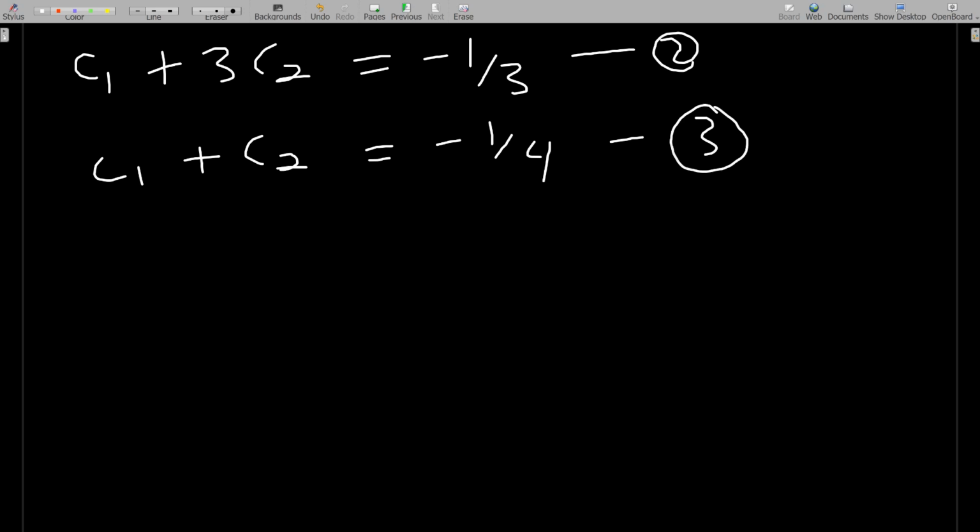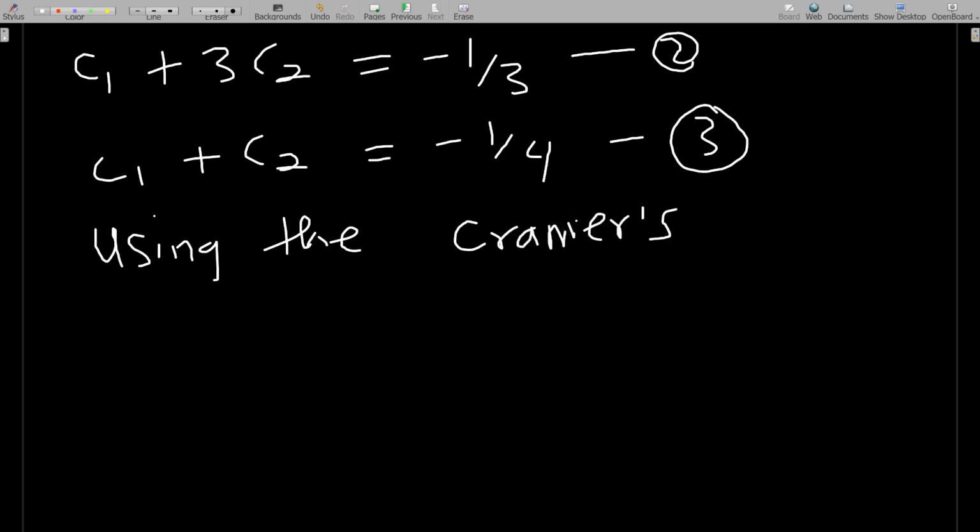Then what you have to do is state your formula here, using Cramer's rule, or you can use the method of substitution or the method of elimination, to solve this.